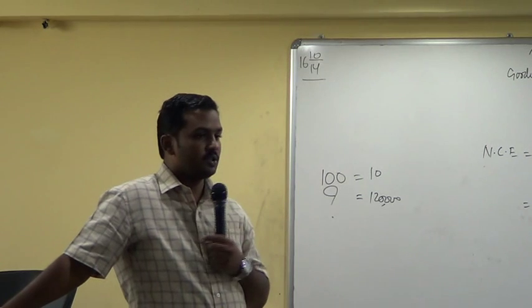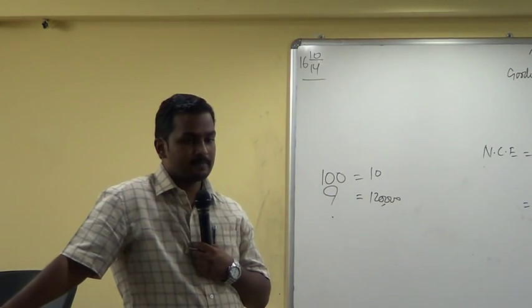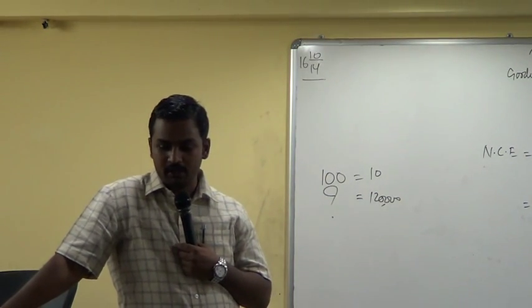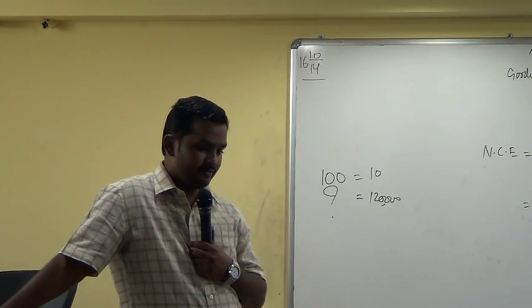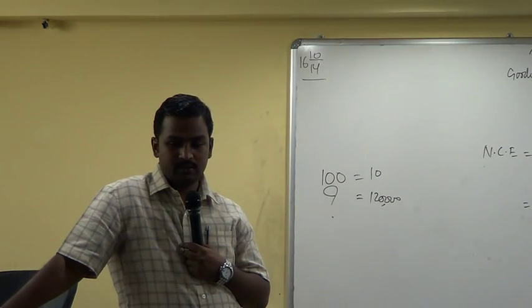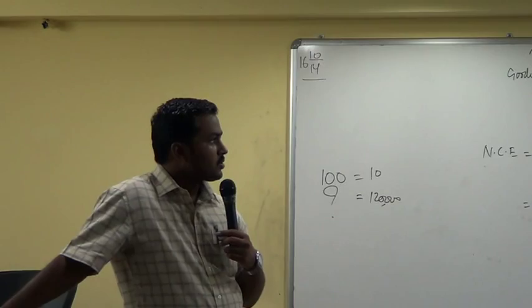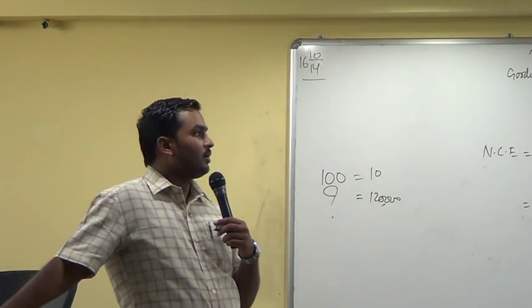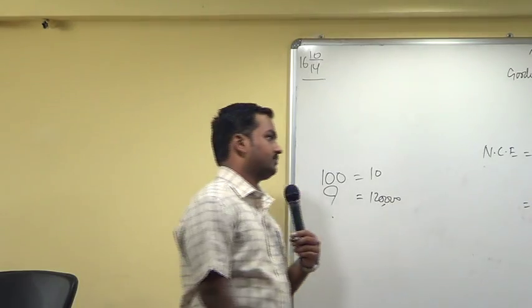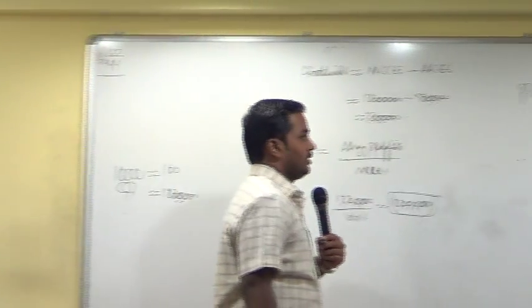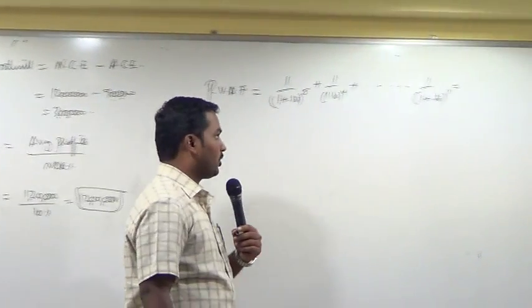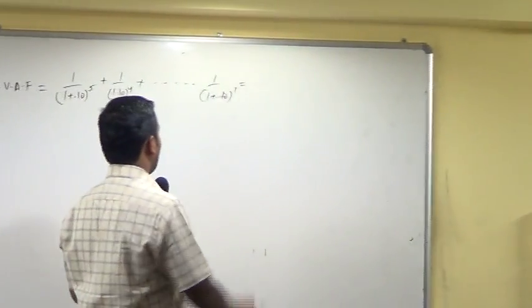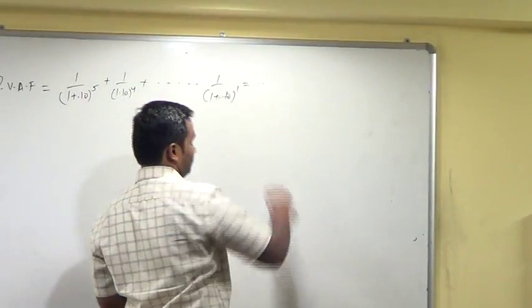Present value annuity factor is equal to 1 by 1 plus 0.10 whole power 5, plus 1 by 1.10 whole power 4, plus dot dot dot, 1 by 1.10 whole power 1.